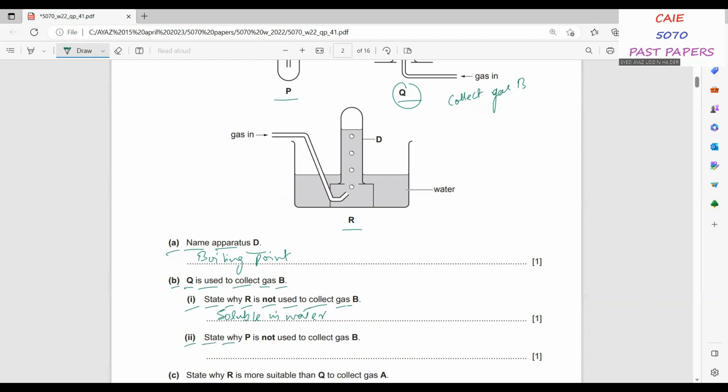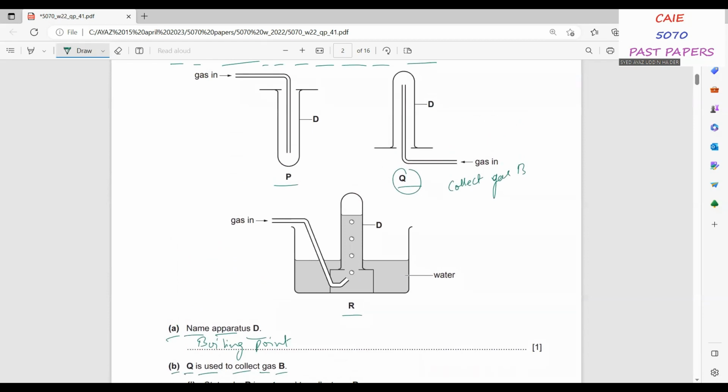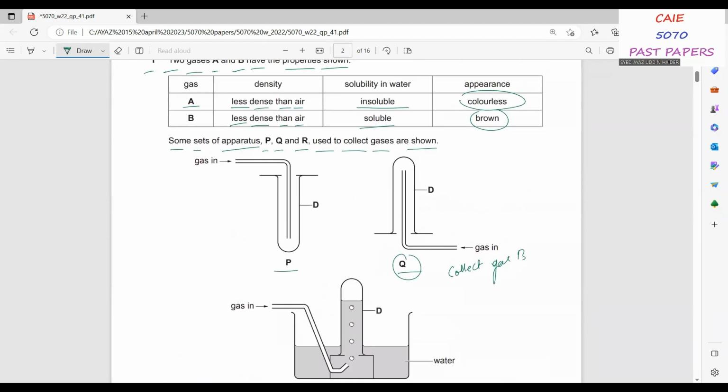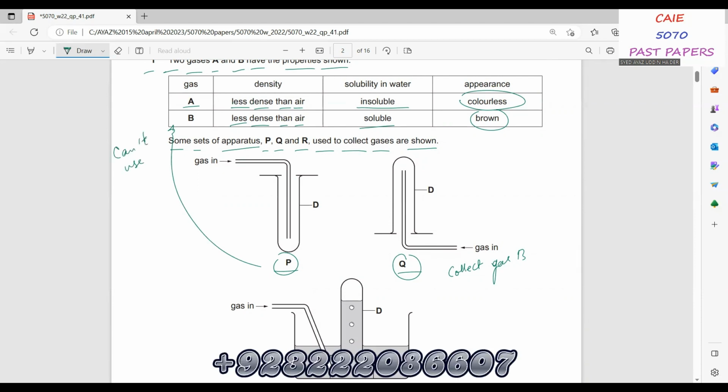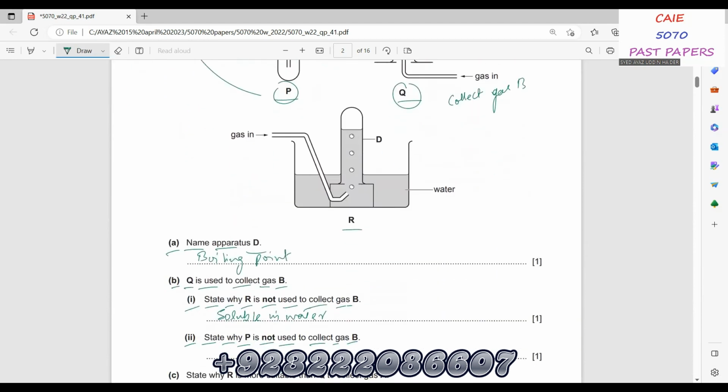Number 2, state why P is not used to collect gas B. If you look at the density of B, it is less dense than air, so you can't use P to collect B. So you write it's less dense than air.